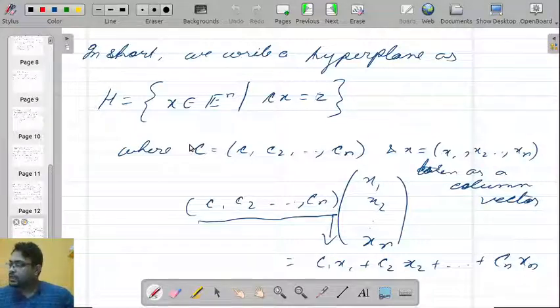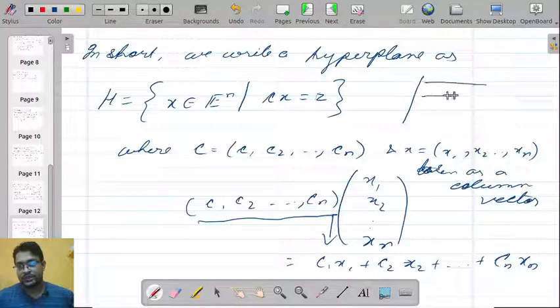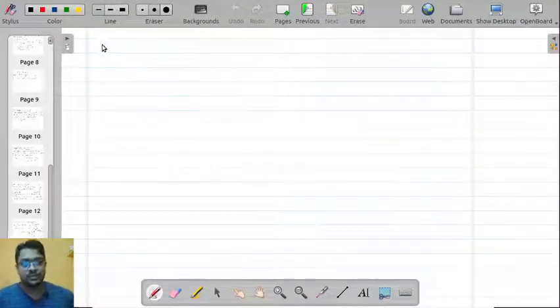Just like a straight line divides a plane into two parts, the right half and the left half, and the part that is the line itself, the hyperplane also divides E n into three parts.